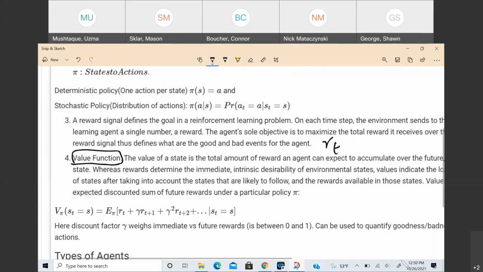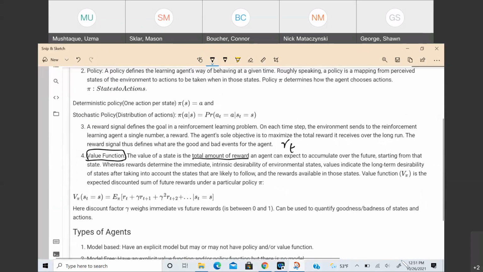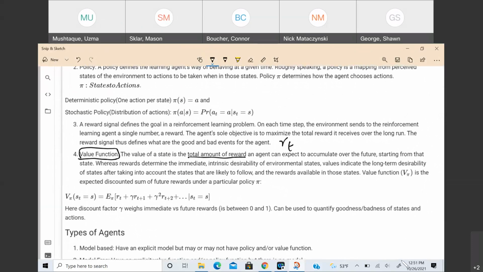So the value of a state is the total amount of reward an agent can expect to accumulate over the future. Starting from whatever state you're in, you want to maximize this reward, and that's denoted by the value function, right? It's nothing but the expected discounted sum of future rewards under a particular policy.